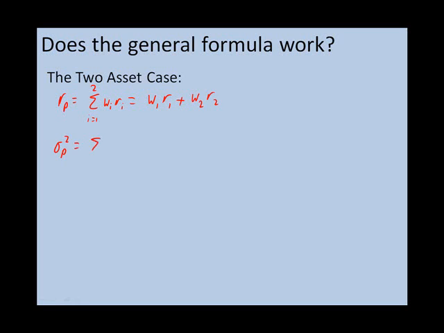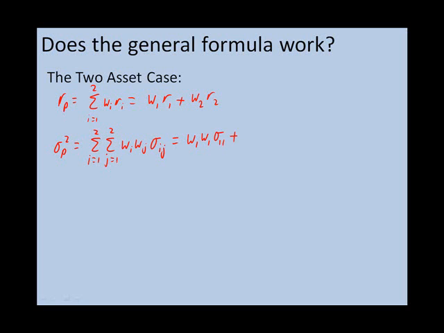And we know that we've got the summation from i equals 1 to 2, and the summation from j equals 1 to 2, Wi, Wj, sigma ij. Suppose i equals 1 and j equals 1, what do we get? Let's plug in the numbers. We get W1 times W1 times sigma 1,1. And because it's a summation, we're going to do plus.